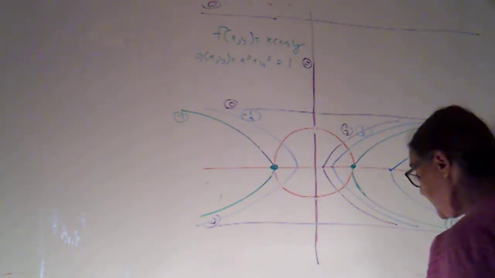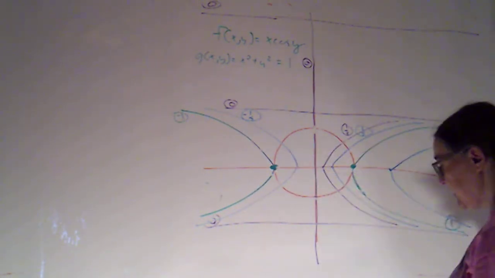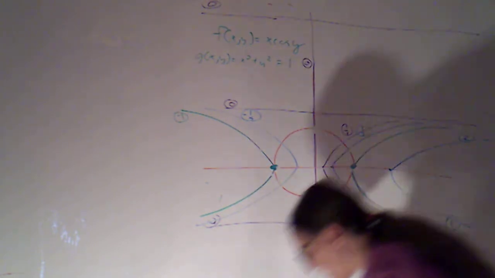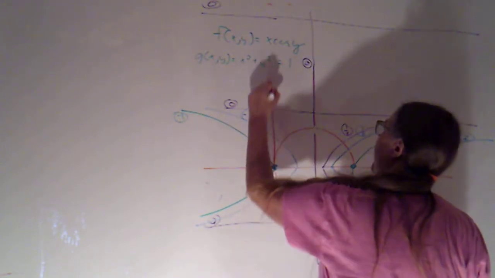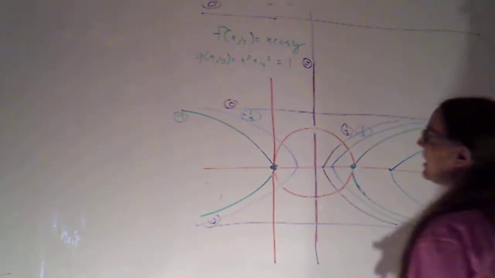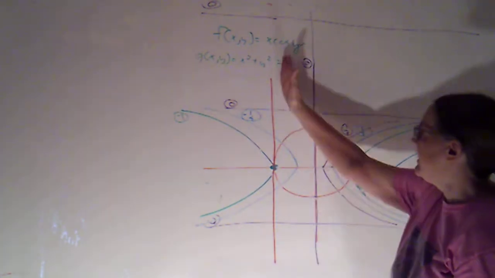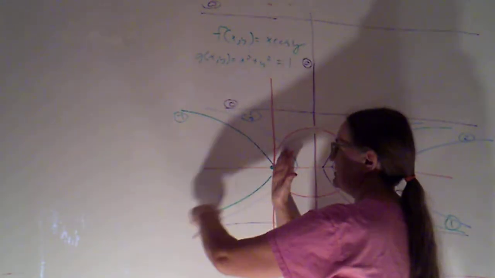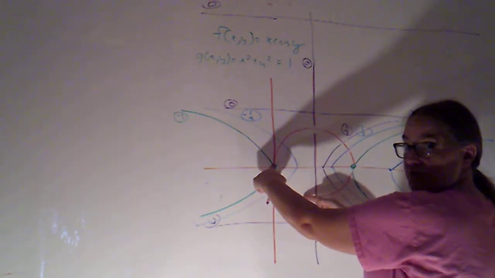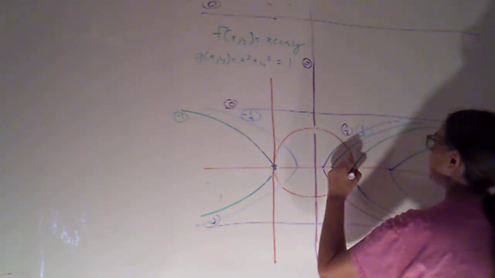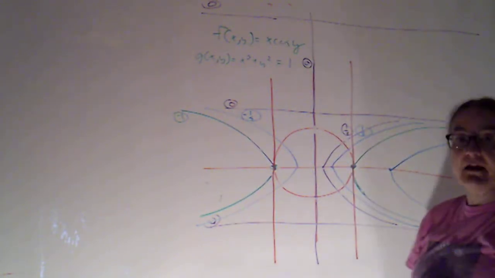Now, what that means is that at this point here, which we said was the location of our min, and at this point here, which was the location of our max, the level curves for f and g share a common tangent line. This line would be tangent to this level curve for f and tangent to the level curve for g, which was my constraint curve. Same thing over here. This line is mutually tangent to those two level curves.